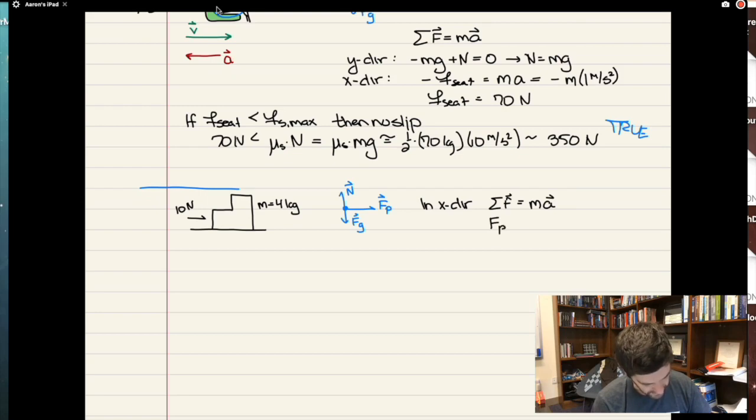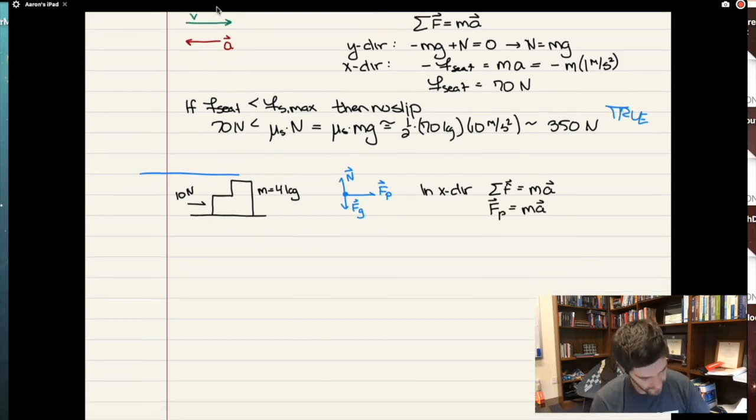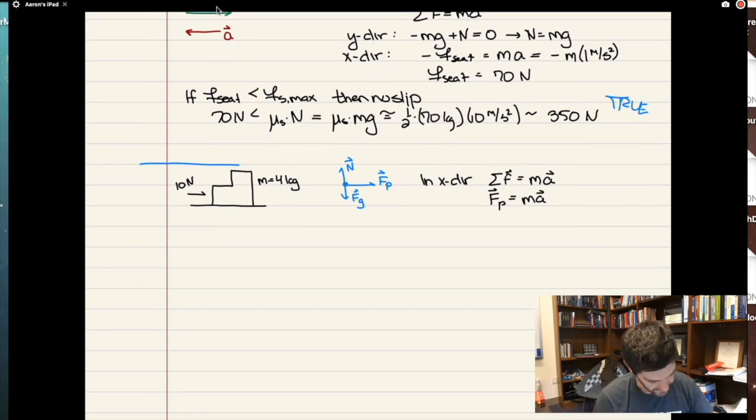There's only a force from your push that is acting on the block. Let's define up and to the right as positive. Therefore, this is 10 newtons equals mass times the acceleration in the x direction. Put a little sub x.